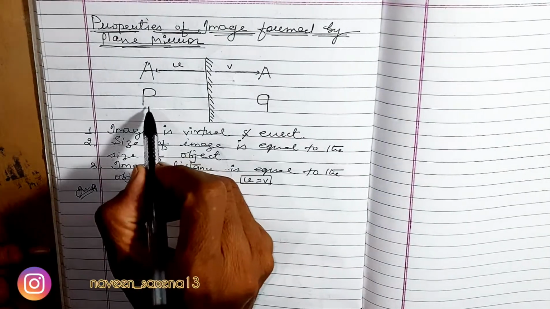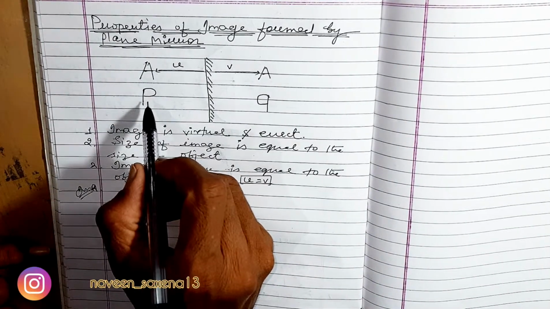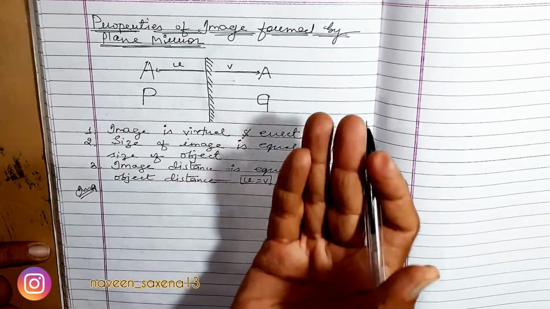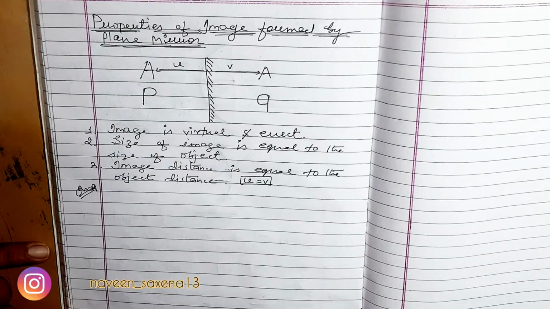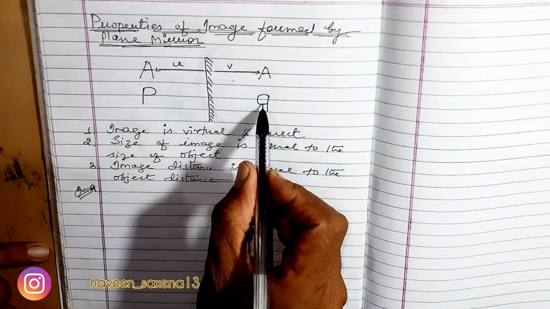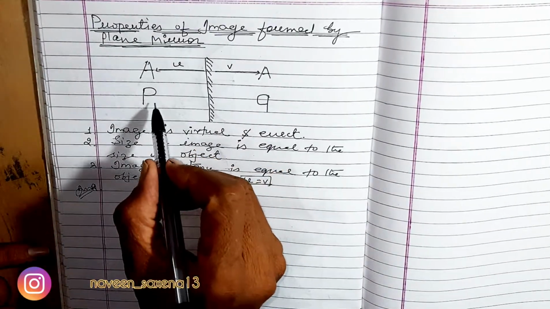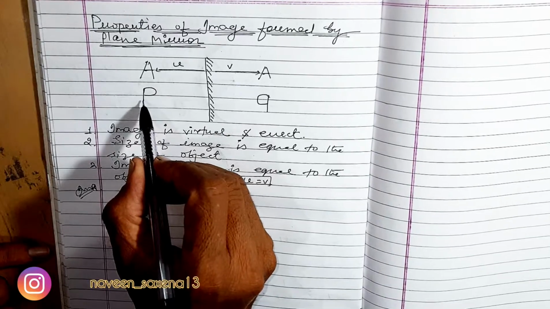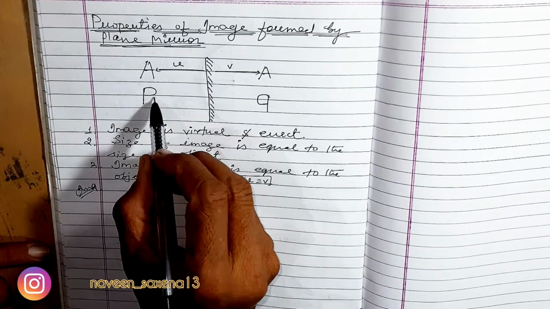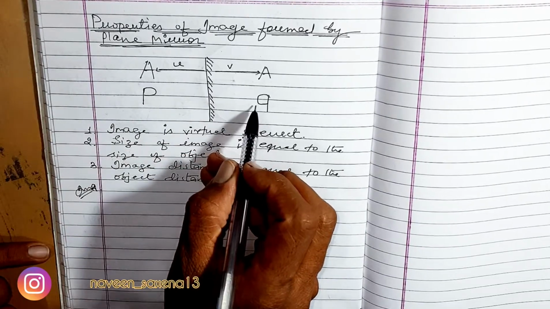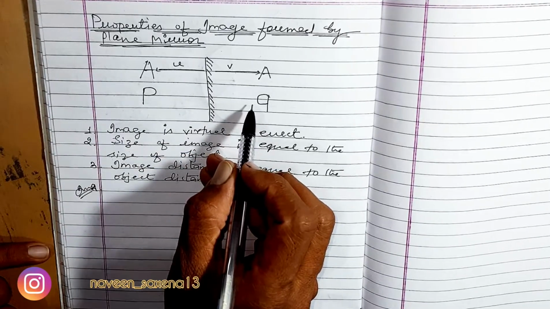I have written P and the image is turned. So this is known as lateral inversion. It means that the right side of the object becomes the left side of the image and the left side of the object becomes right side of the image. This is known as lateral inversion.